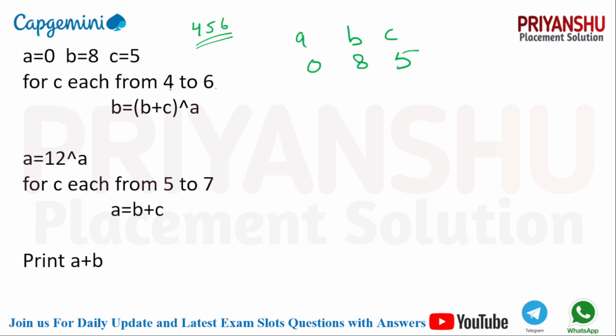So now the value of c is not 5, 4 is there. The loop value for c goes from 4 to 6. Clear? So let's see b equal to b plus c. B plus c means the value of b is 8, c is 4, it means 12 is there. 12 XOR with the value of a, which is 0. As I have already told, x XOR with 0 will always give x, which means 12. Now the value of b is 12.